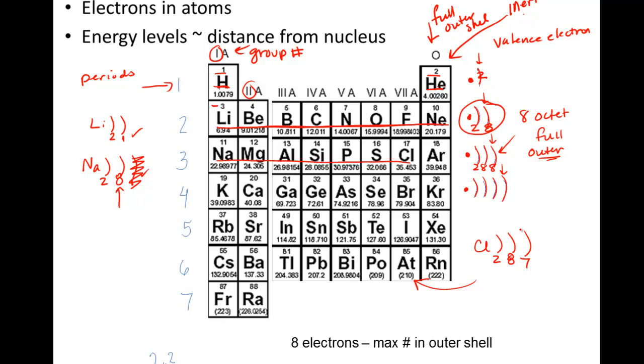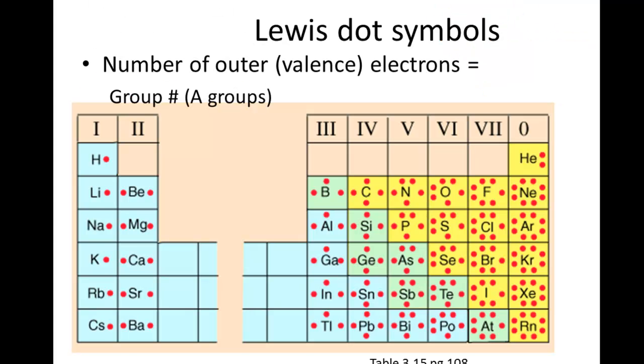And chlorine, on the other hand, could do the same thing by gaining 1 electron, and if it gained 1 electron, it would look just like argon. So the idea will be to gain or lose electrons to look like the nearest inert gas. Now here is a picture of what we call the Lewis dot symbols, and these are showing those outer valence electrons. And here is our full outer shells.